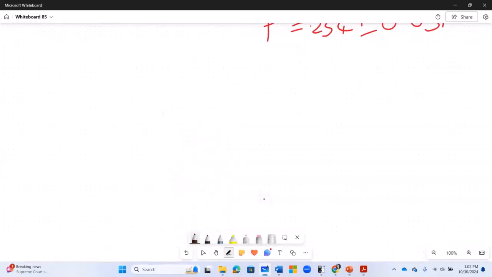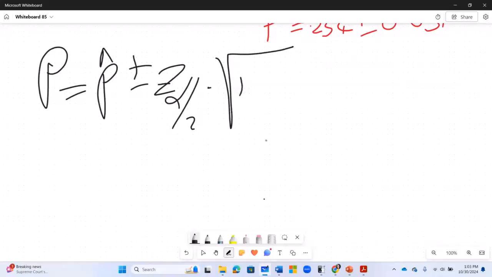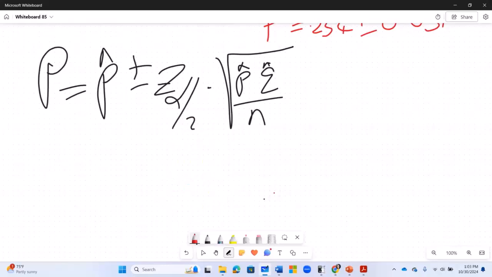So for proportion, the population proportion is equal to the sample proportion, which is the same as the point estimate, plus or minus the Z critical value, two-tailed, multiplied by the square root of p-hat times q-hat, success times failure, over sample size. I want to make sure you know what part of this equation is called margin of error.